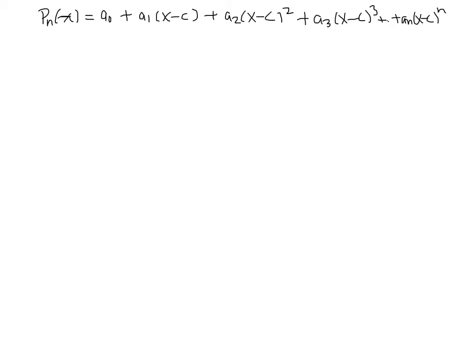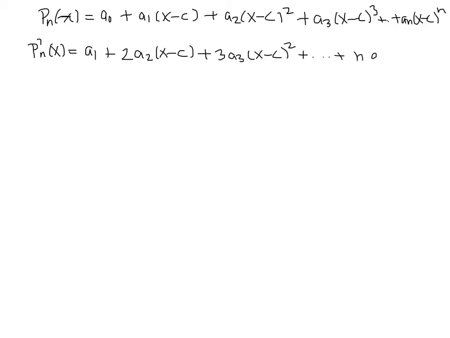And find repeated derivatives. So the first derivative will just be a1. a naught's derivative is 0. If you distribute that a1, we'll have a1 x minus a1 c, and a1 c's derivative is 0, plus 2 a2 times x minus c plus 3 a sub 3 times x minus c squared, plus n a sub n times x minus c to the n minus 1.